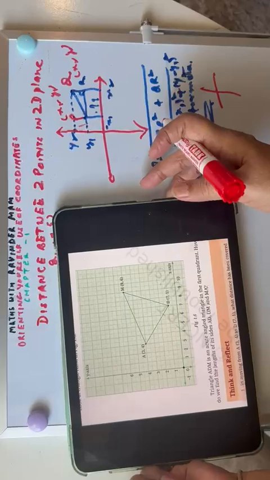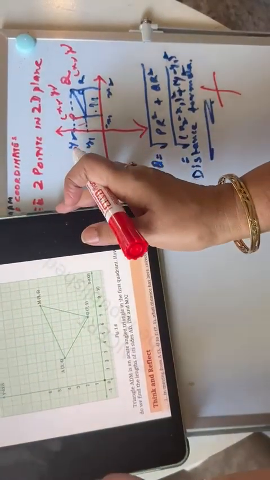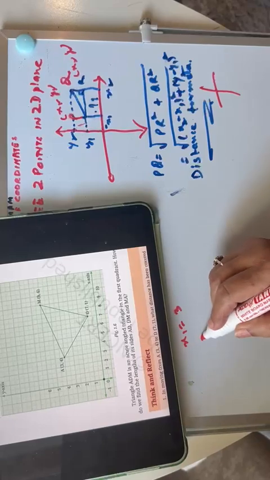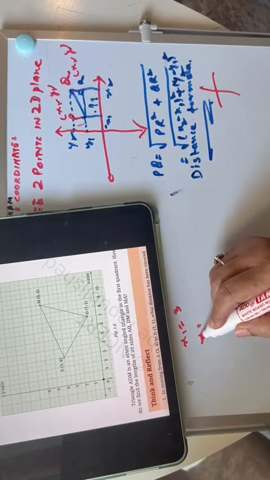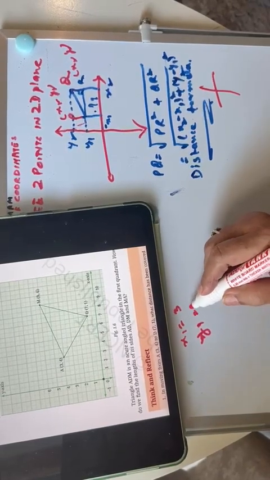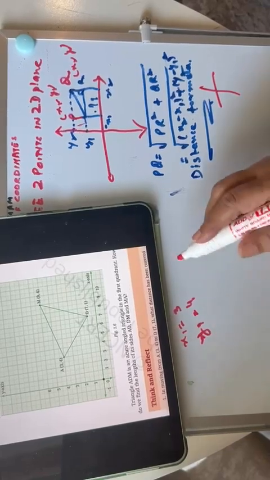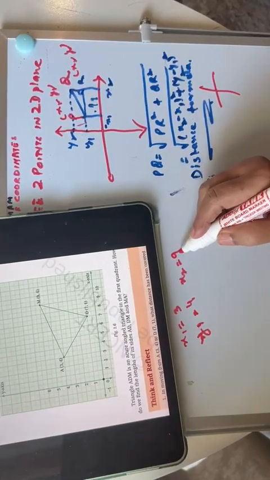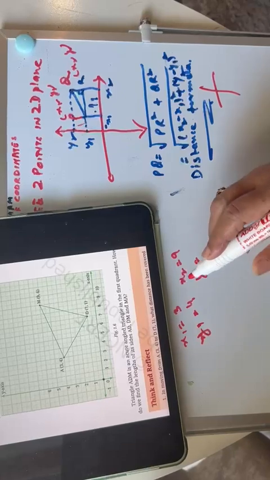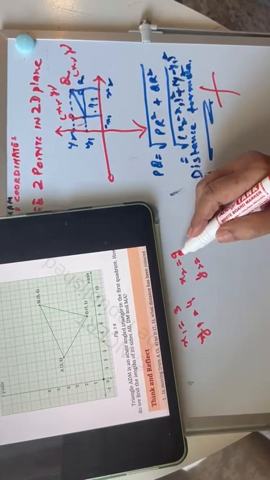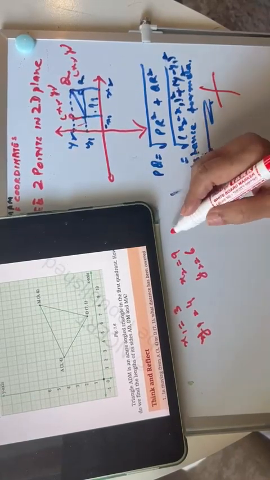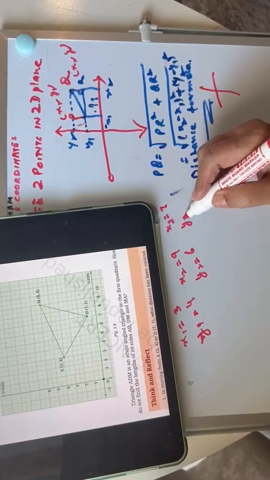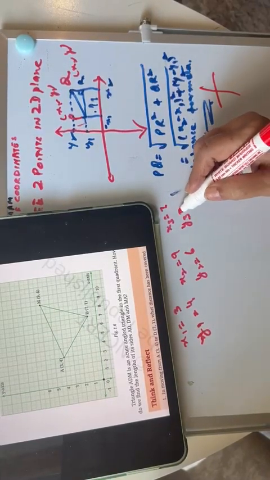Here you can take x1 is equal to 3, y1 is equal to 4, and x2 is equal to 9, y2 is equal to 6, x3 is equal to 7, y3 is equal to 1.